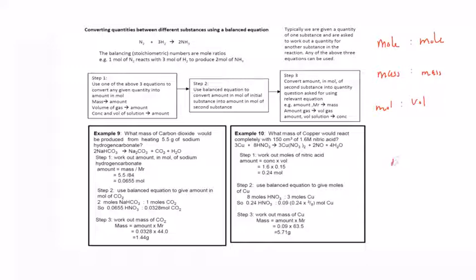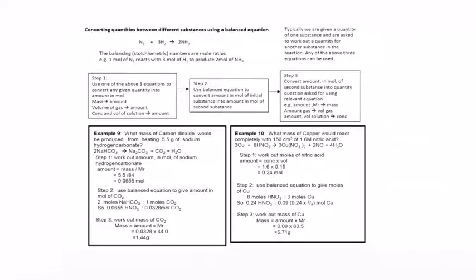But there is no ratio between mass and moles. You cannot take that ratio between moles and mass. Only these three ratios can be taken to solve a question related to moles, mass, or volume.